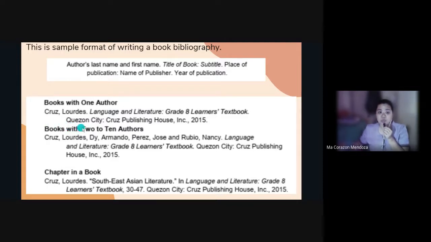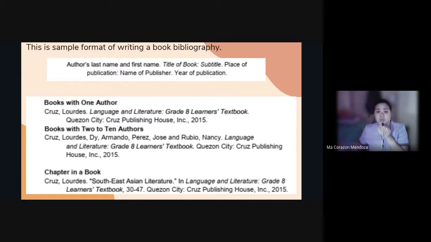And then that's where you will write the place of publication, colon. So Quezon City, colon, name of publisher, which is Cruz Publishing House Incorporated, comma. So there's the comma after the name of publisher and the year of publication.